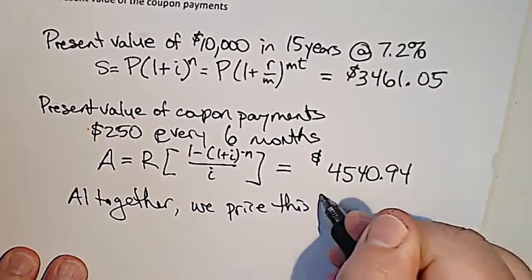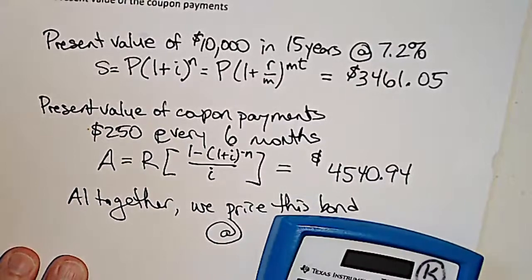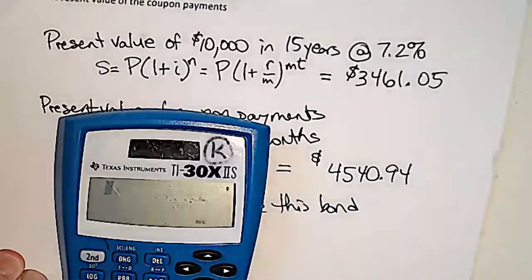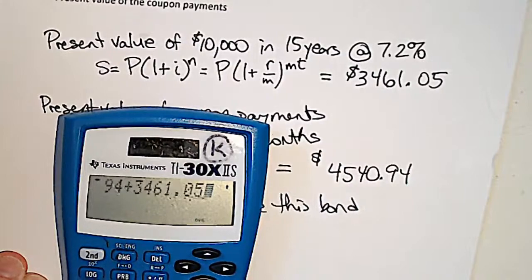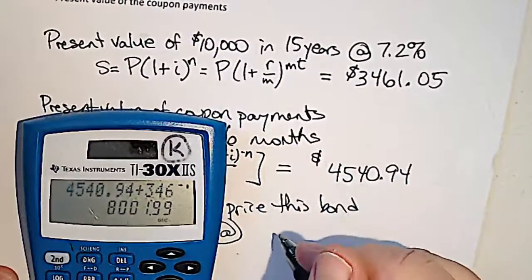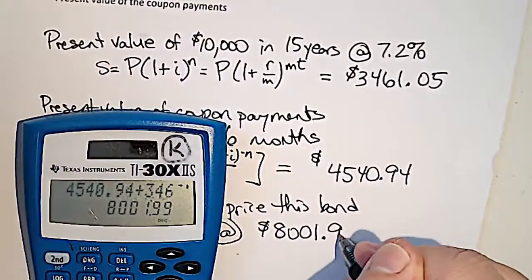So all together, we price this bond at $4540.94 plus 3461.05, and we get $8,001.99.